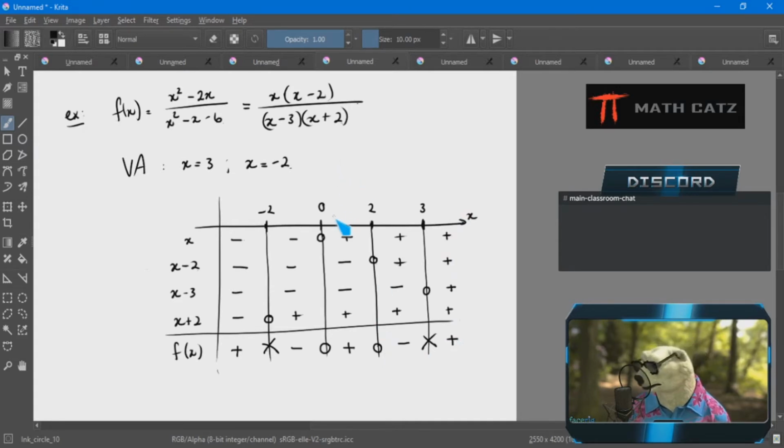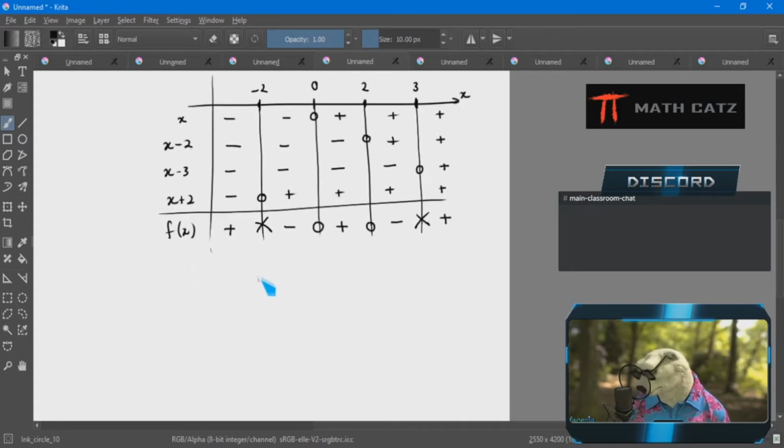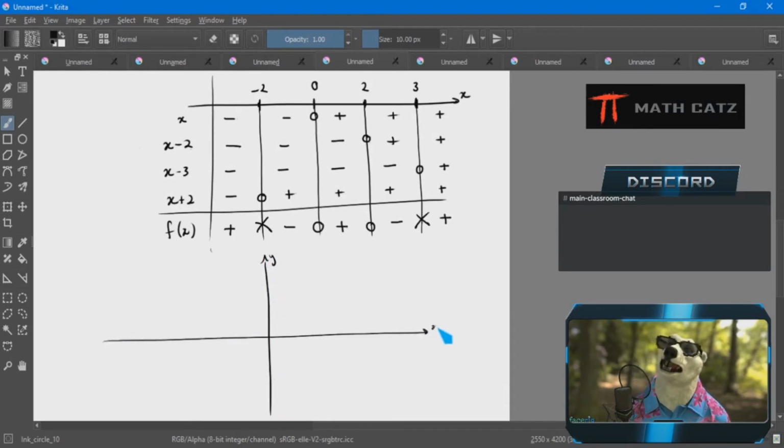Now, how does this help me? It is going to tell me exactly what is happening as I get close to these asymptotes at negative 2 and 3. Because if I get close on the left towards x equal to negative 2, I'm over here, just to the left of negative 2 on my number line in my table.